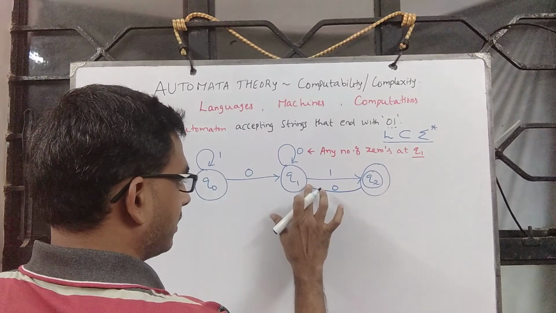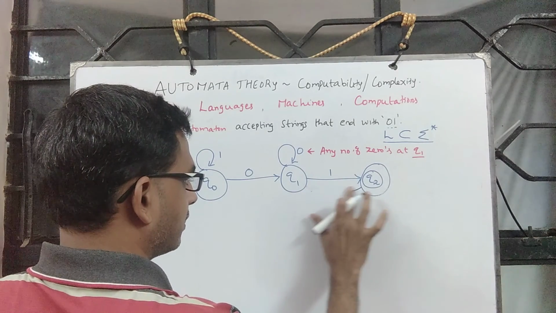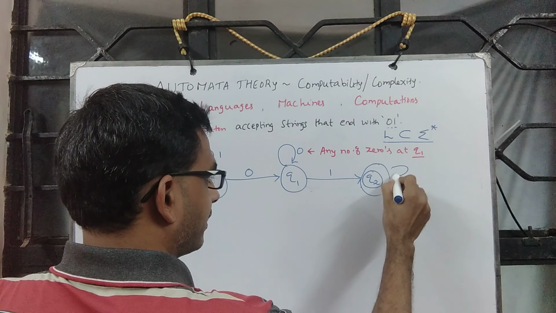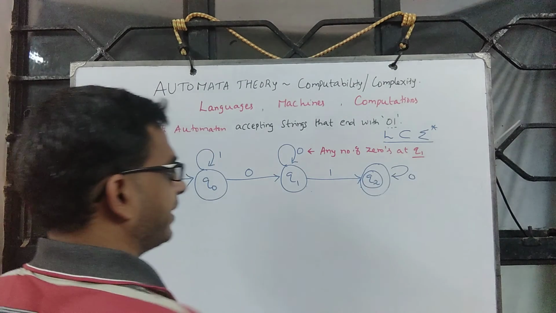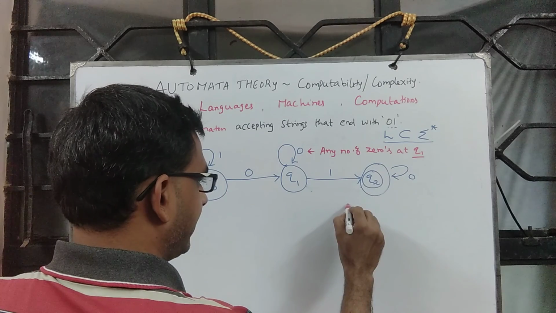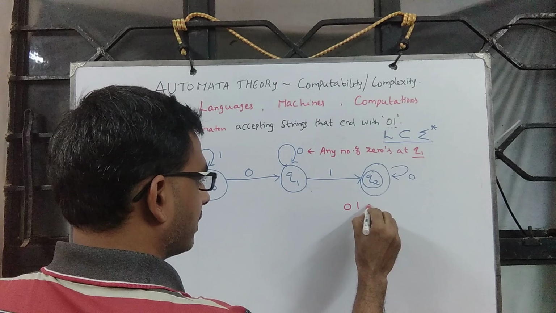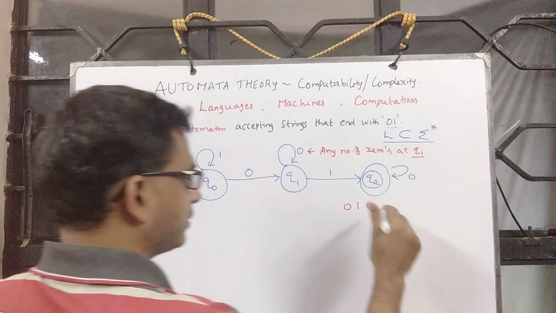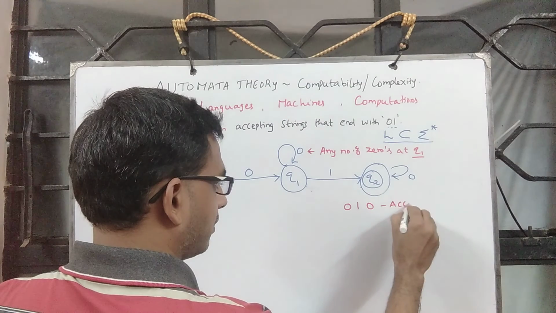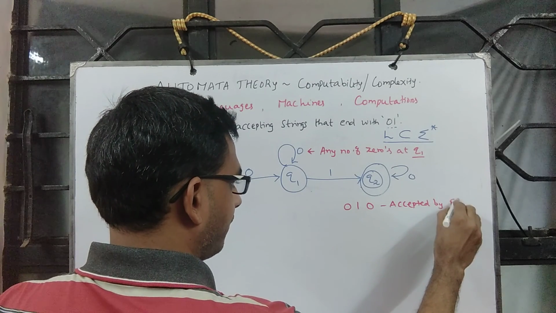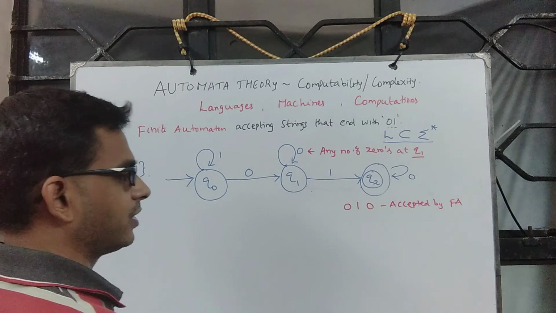Supposing instead of this, we say on reading a 0, you stay here. Then what happens? A string like 0, 1, 0 is accepted by this automaton, accepted by FA, correct?